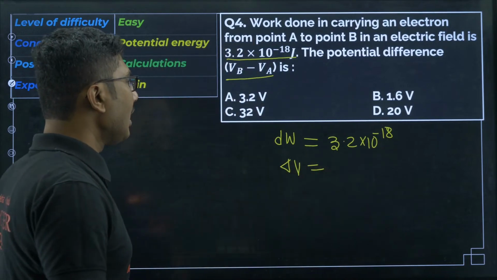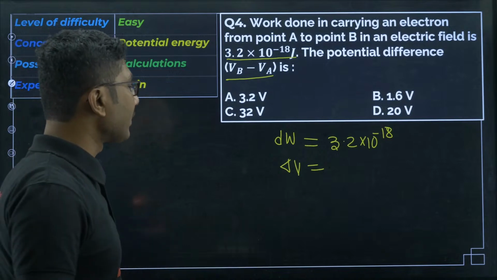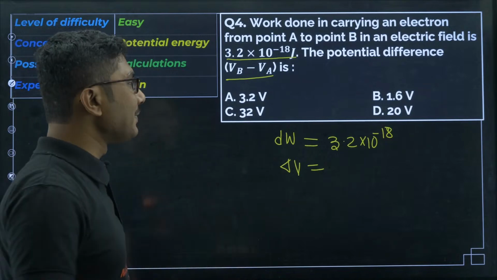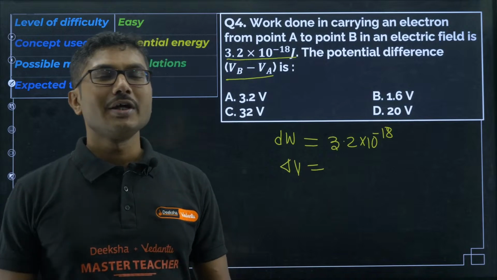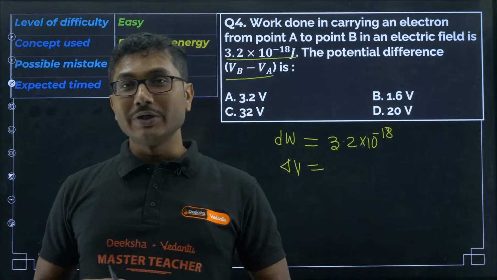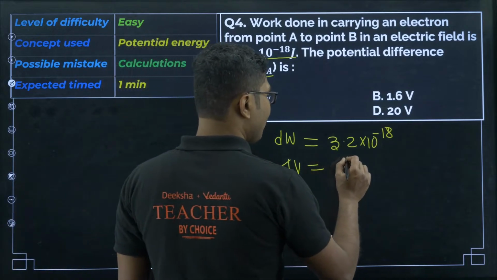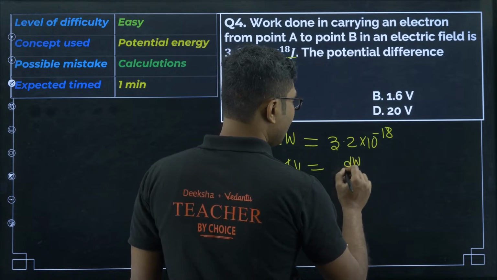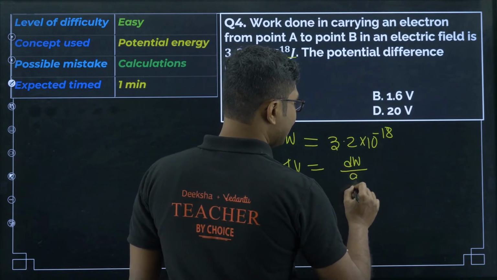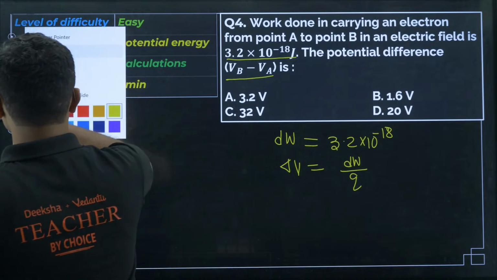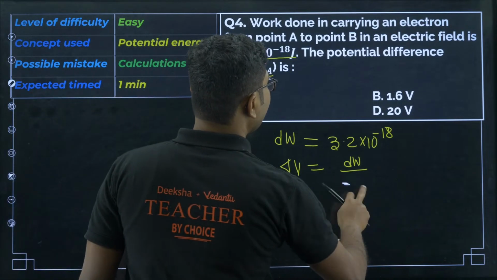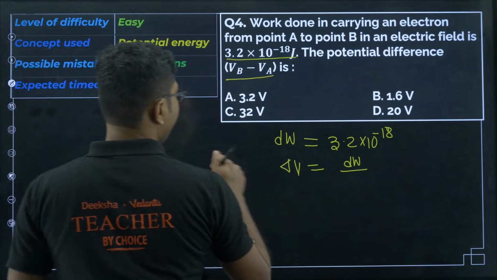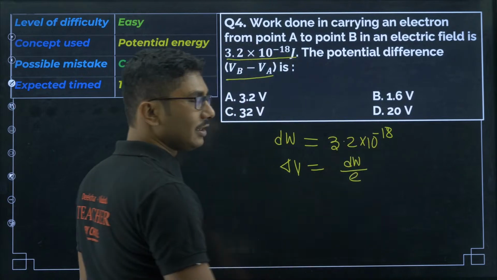Okay, easy question. What is the definition of potential difference? Potential is basically defined by work done per unit charge. So potential difference is nothing but work done divided by charge. Now in this case it was informed that you are moving an electron, so you have to divide it by the charge of an electron.